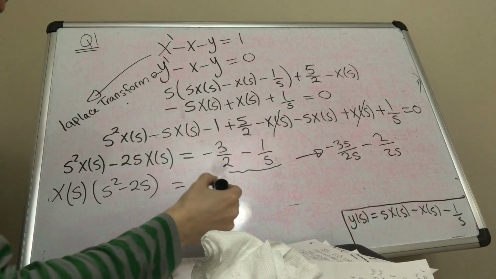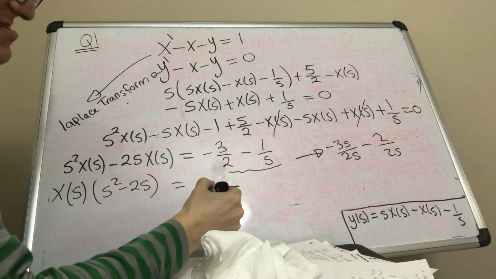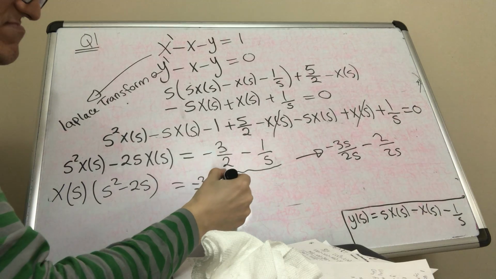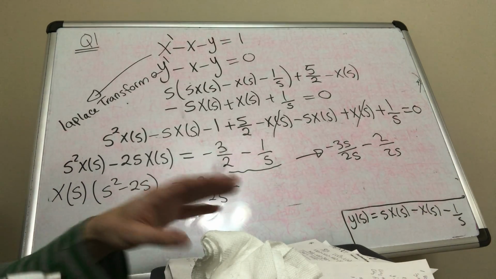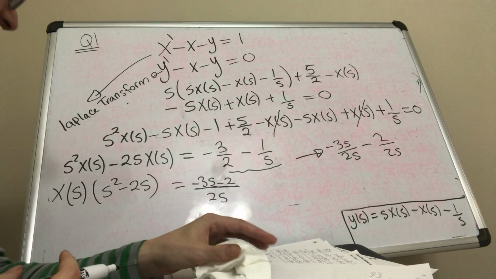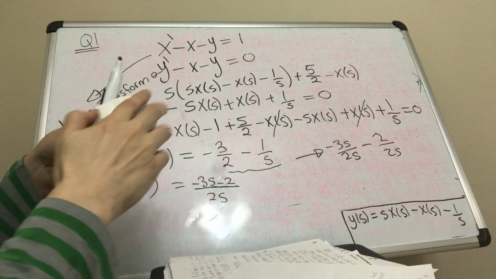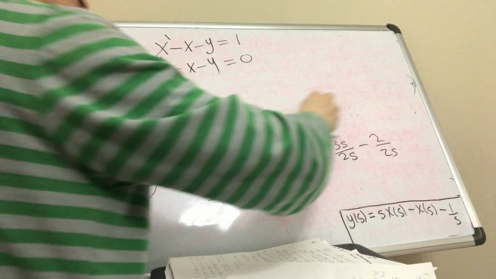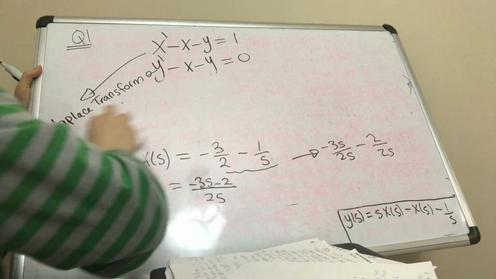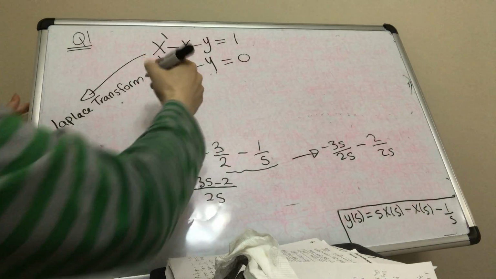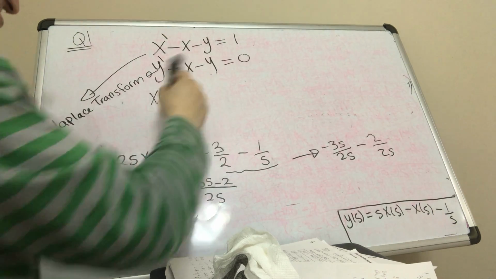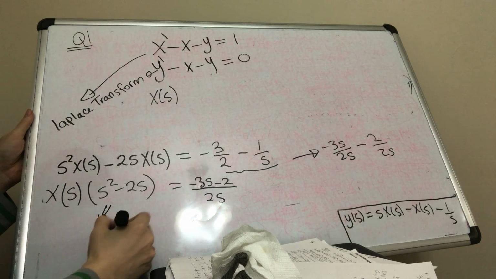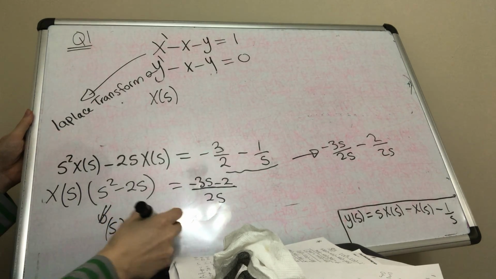So now I know this is 2s, negative 3s minus 2. So X(s), now this can be factored into s minus 2.